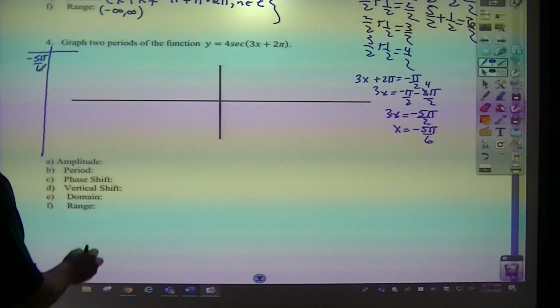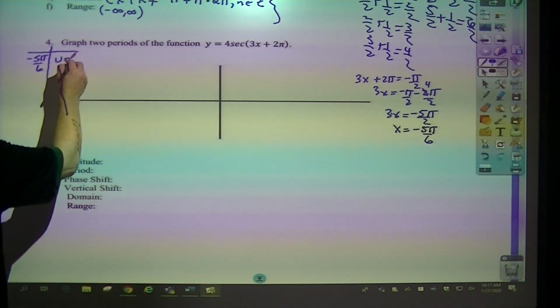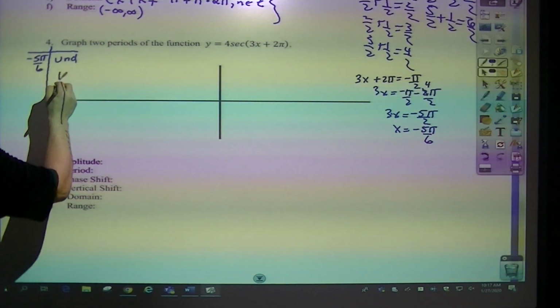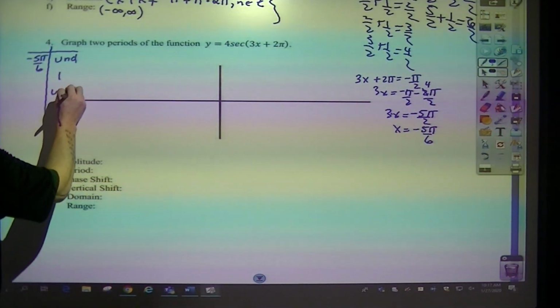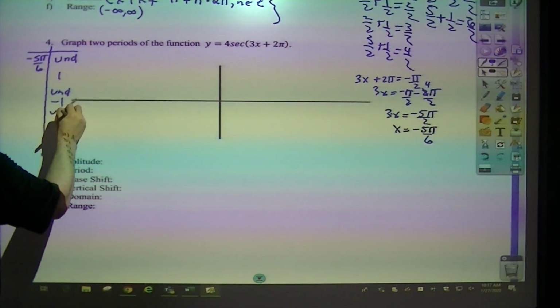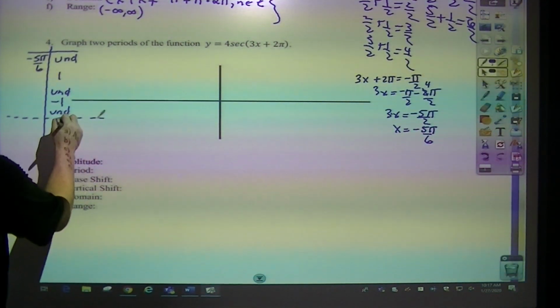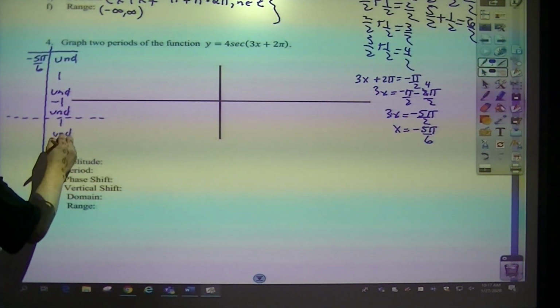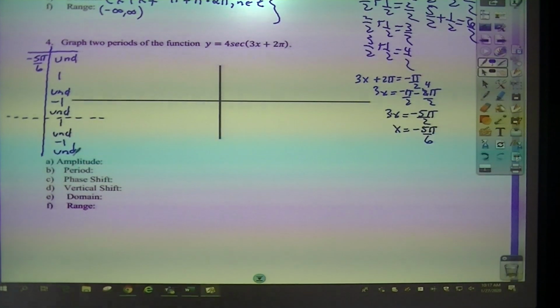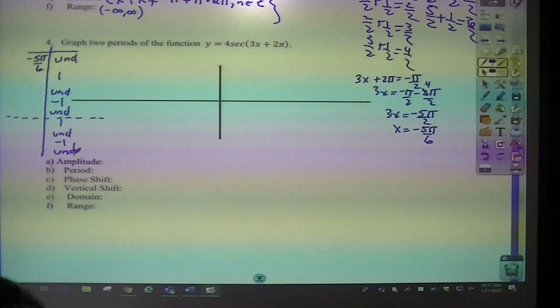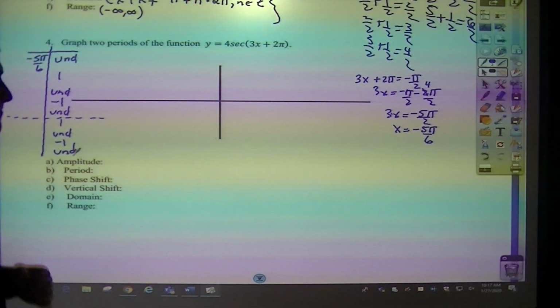So for secant, it's just like cosecant. We're going to be undefined, 1, undefined, negative 1, undefined. That's what I'm going to have there, and my starting value will be at that.